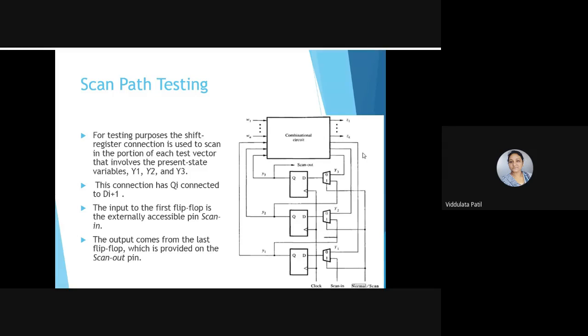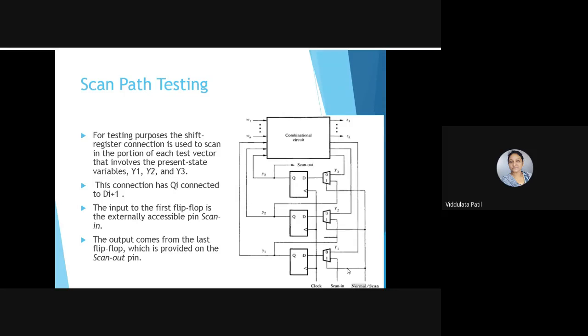Now, once Y1, Y2 and Y3 are loaded into the flip-flops, we again make normal bar or scan equal to 1, and the contents of the flip-flops are scanned out during the next 3 clock cycles.